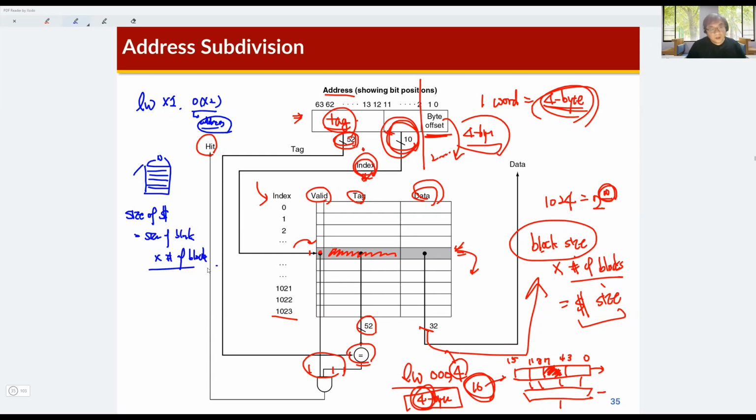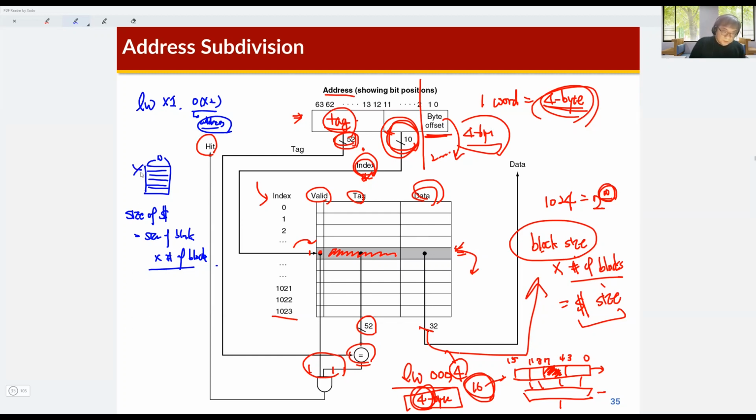Okay, then how can we store this data to the cache? This is the cache memory. The cache has multiple blocks that store a specific amount of data.